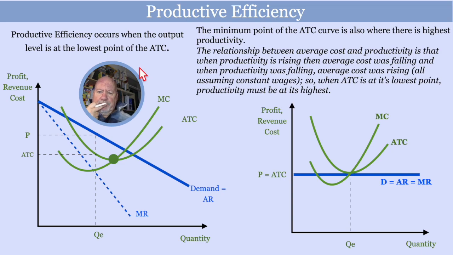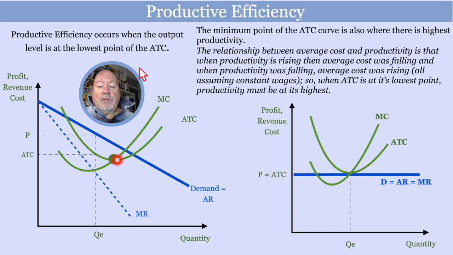Productive efficiency, as I say, is linked to the level of output, and so it occurs when the output level is on the lowest point of its ATC. So for example, in a monopoly, the MC goes through the lowest point of the ATC. This level here would be productive efficiency.